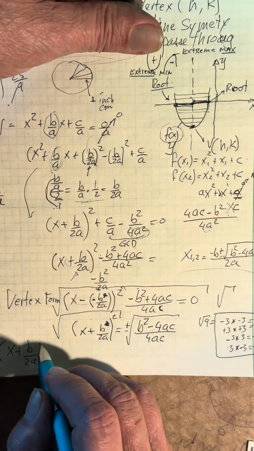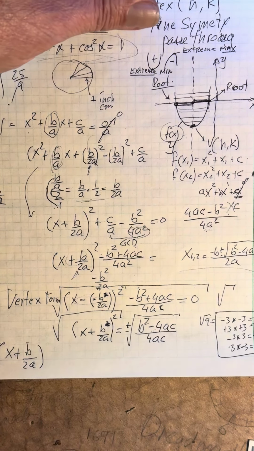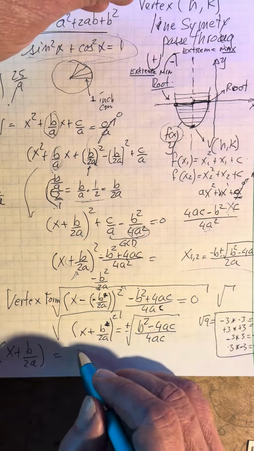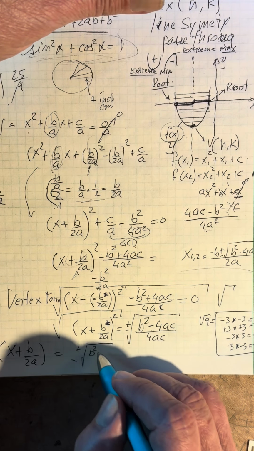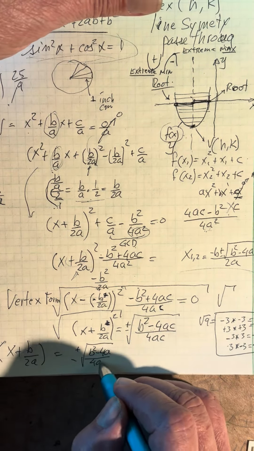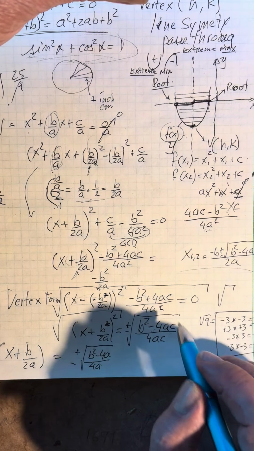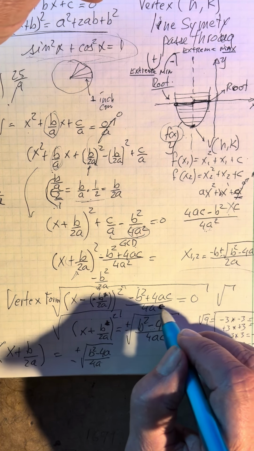Anyway, so we have now this. I should have erased the parentheses there because it's not there anymore. And this is equal to plus minus the square root of b squared minus 4ac divided by 4ac. Wait a minute. Oh my God, this is wrong.